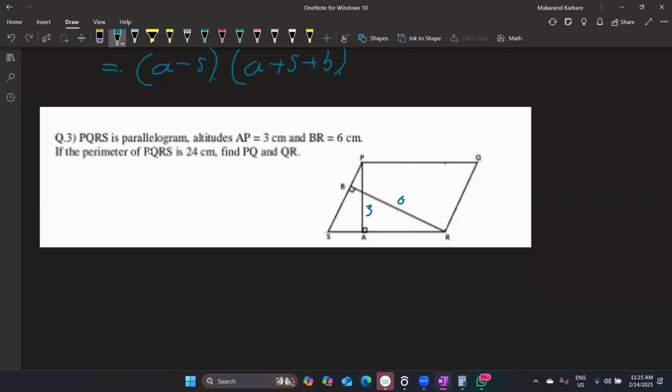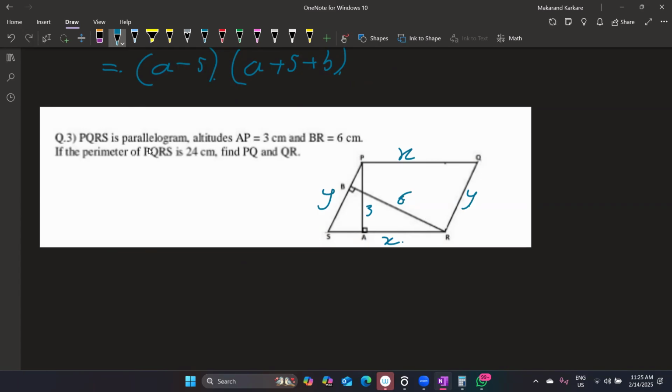Okay, so isn't this simple? Fair enough. Let's say that this is X. So this also must be X. If this is Y, this also must be equal to Y. Does that make sense?